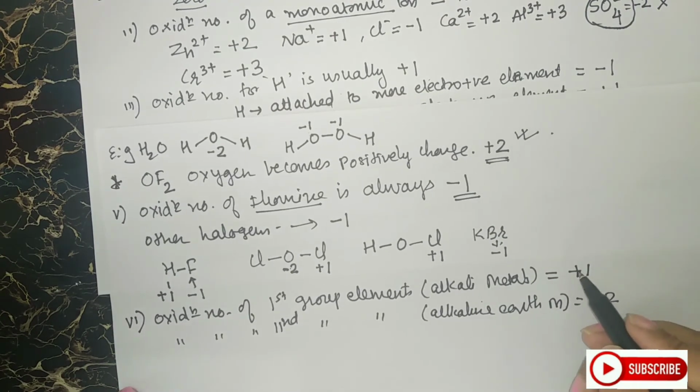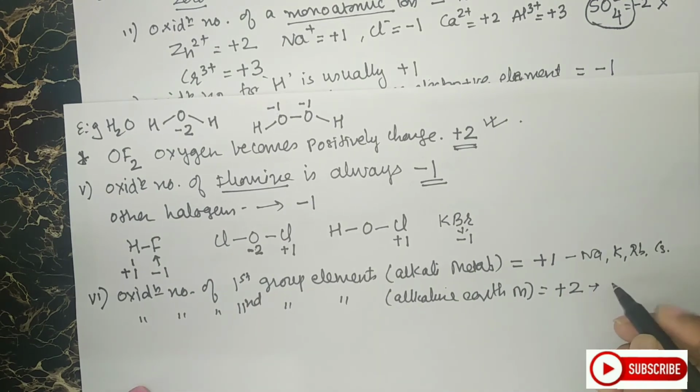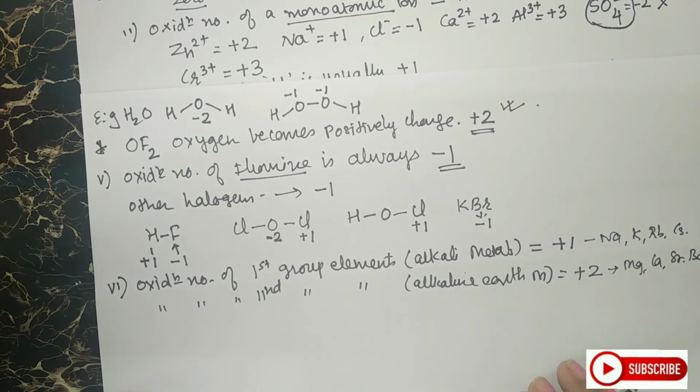Which elements will I include here? Sodium, potassium, rubidium, cesium, lithium, they all will have +1 oxidation state. If I see the second group elements, like magnesium, calcium, strontium, barium, they will all have +2 oxidation state. So this is how you will assign the oxidation numbers. Usually the group number is the oxidation number of most of the elements, but the positive sign is used for electropositive elements and the negative sign is used for electronegative elements.